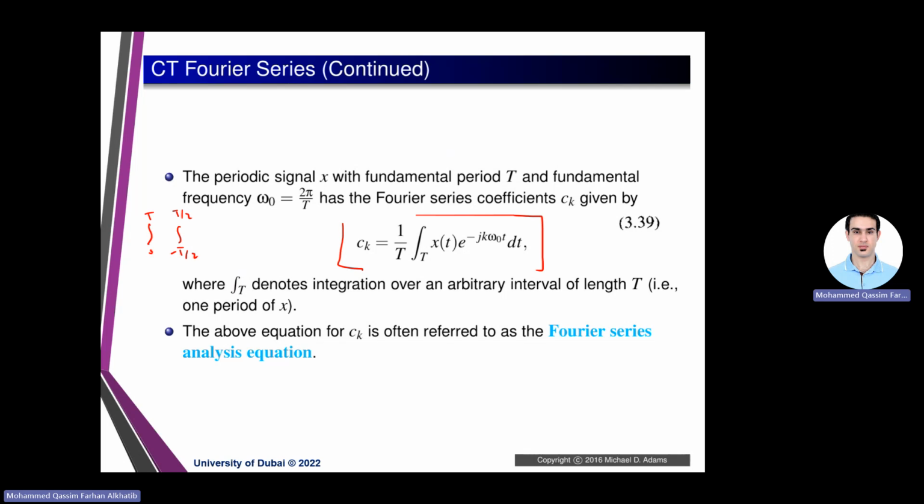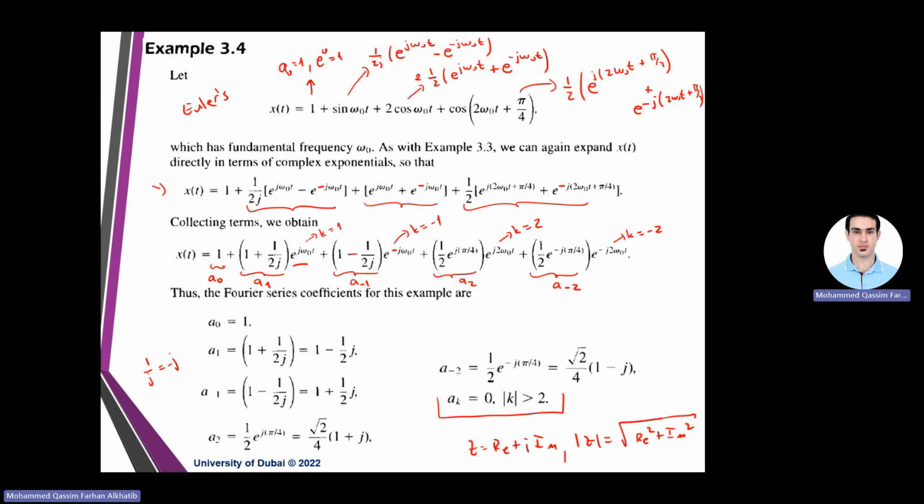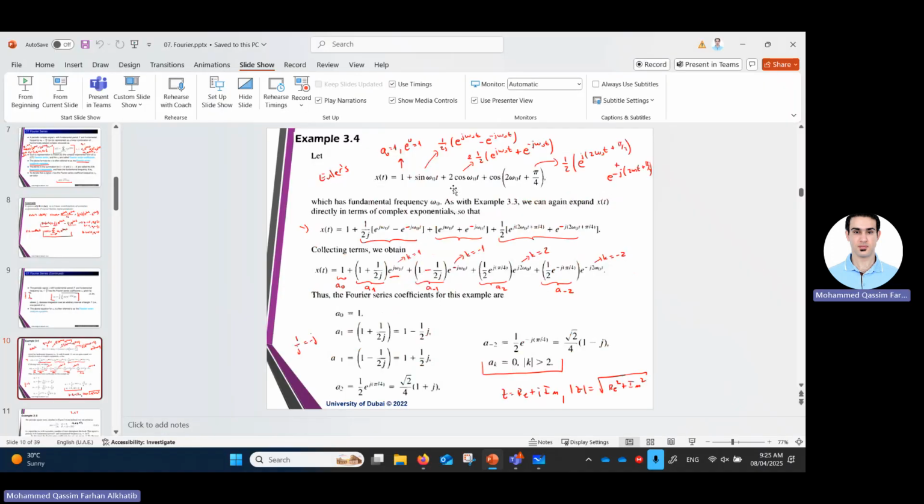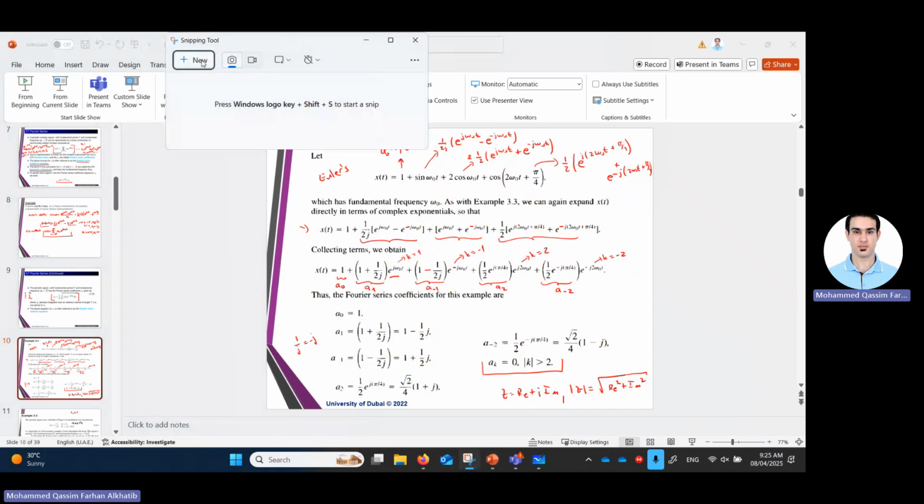Okay, so there's the Fourier expression. Another example similar to the one we did before. Okay, so let me just copy it and solve it in the whiteboard. Solution is straightforward. It just requires time, especially when you have a question like this.